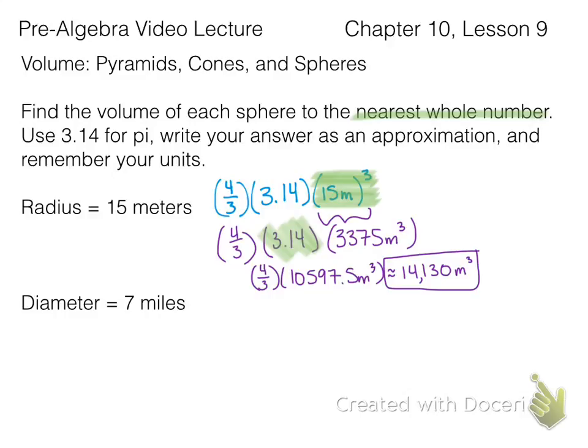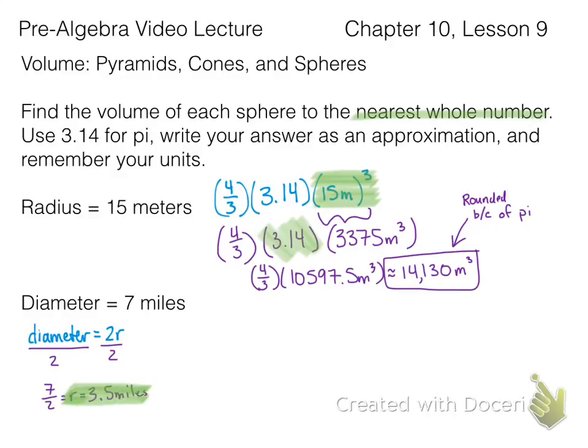Okay, now if we have a sphere that has a diameter of 7 meters, we need radius for our formula. Well, the cool thing is the diameter is 2 times the radius. So if we divide both sides by 2, we figure out that the diameter divided by 2 gives us a radius. So a radius of the sphere that is 7 miles is actually 3.5 miles.